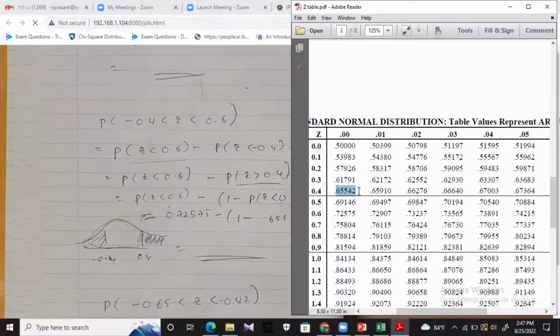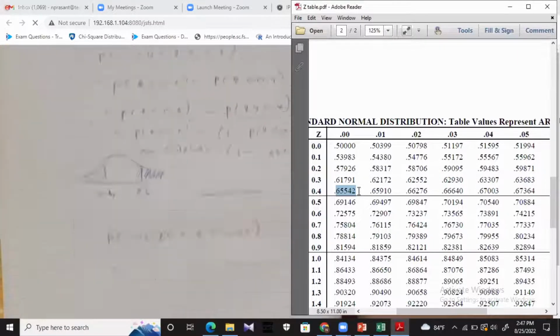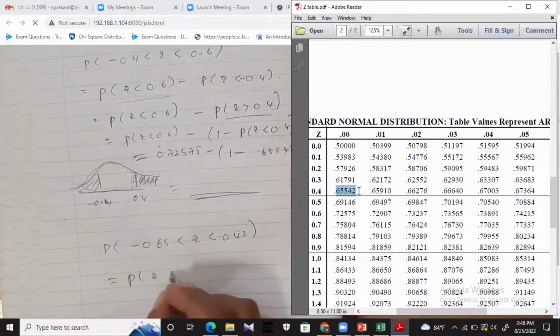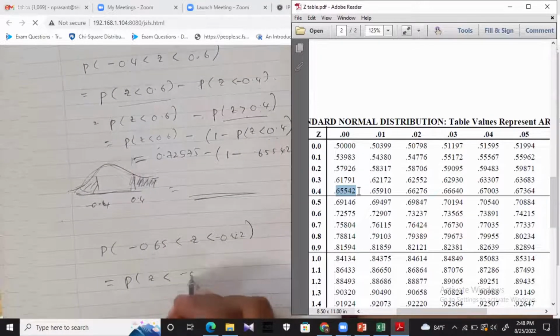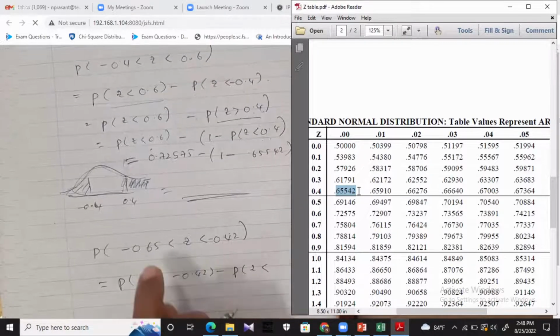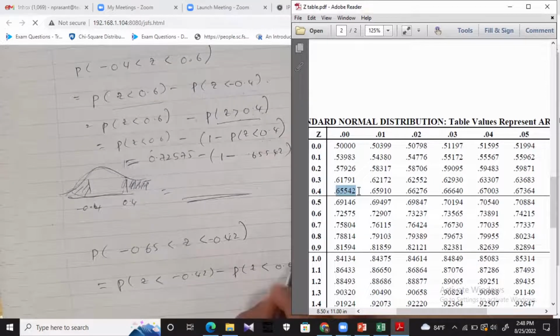Now try to find the required probability. Now both values are negative. Okay, doesn't matter. No matter the values we have here, we can write this as P(Z < -0.42) minus P(Z < -0.65).